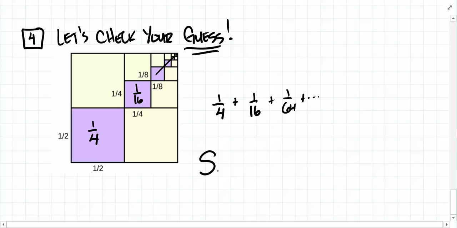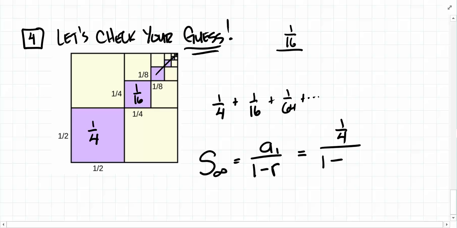So if I want the sum to infinity, it would be the very first term over 1 minus the ratio, which in this case is 1/4 over 1 minus, and the ratio in this particular case would be 1/16 divided by 1/4, which gives me 1/16 times 4 over 1, and then 4 over 16 becomes a value of 1/4.